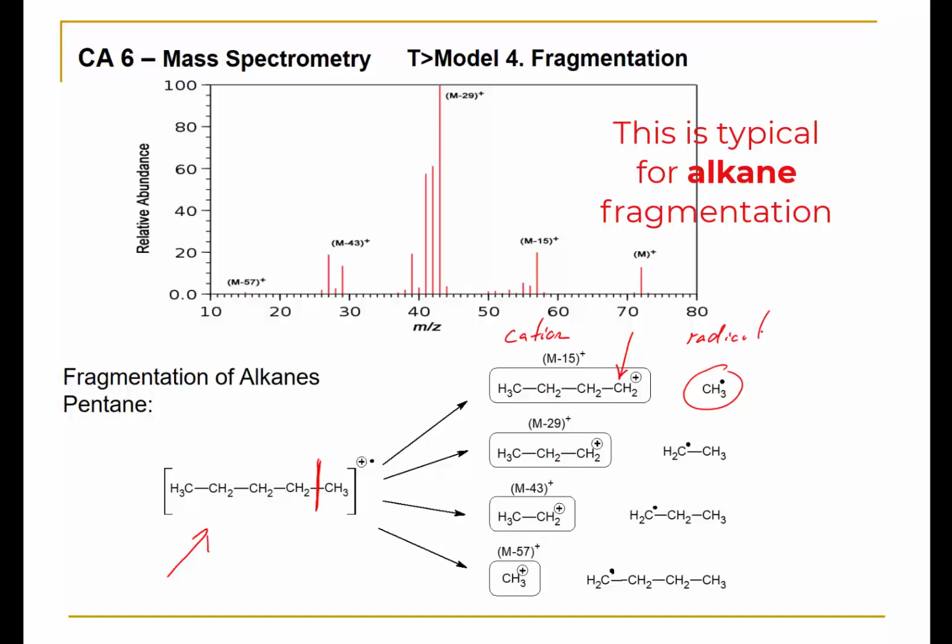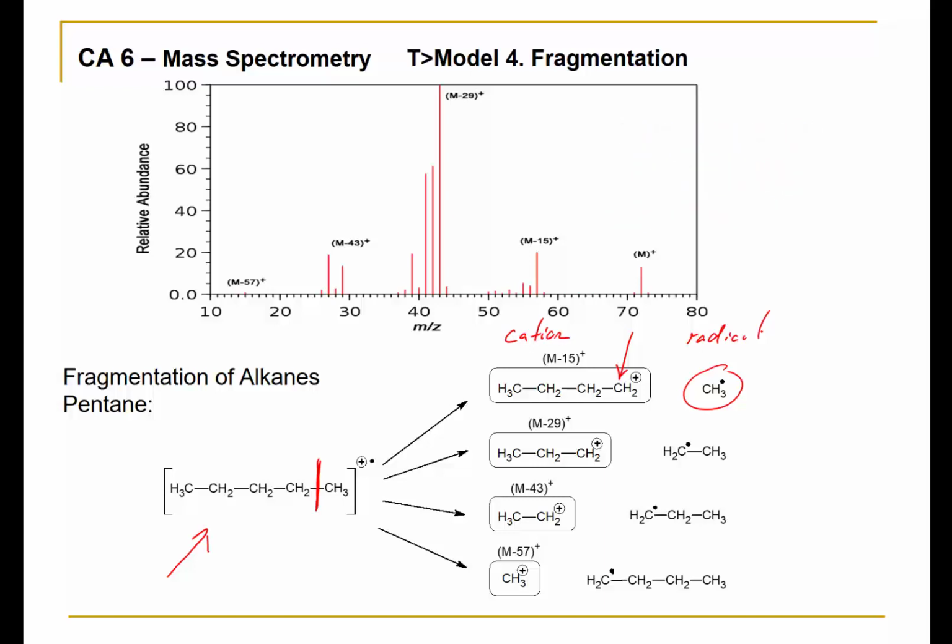The other thing to notice is that there'll be very common sorts of fragments that get lost, like an M-15, an M-29, and M-43. M-15 corresponds to a loss of a methyl radical, M-29 an ethyl radical, M-43 a propyl radical. Those are common moieties in an organic structure.